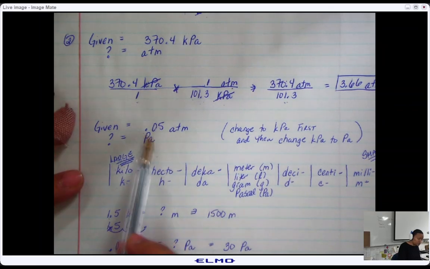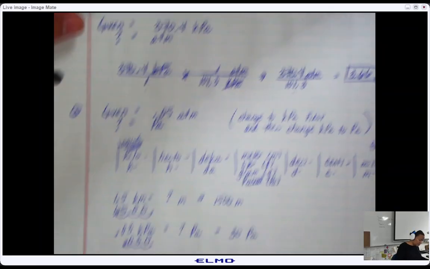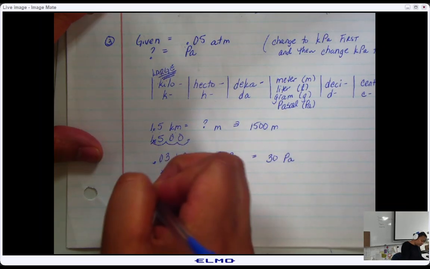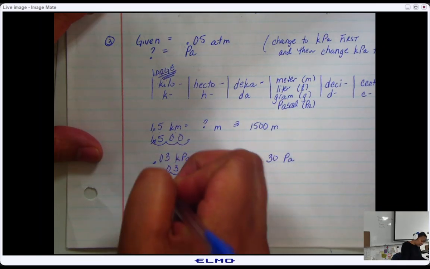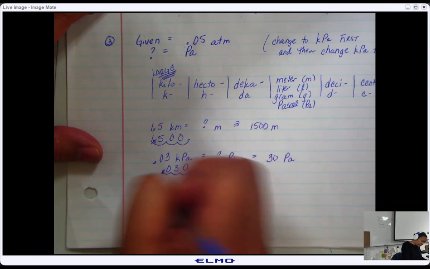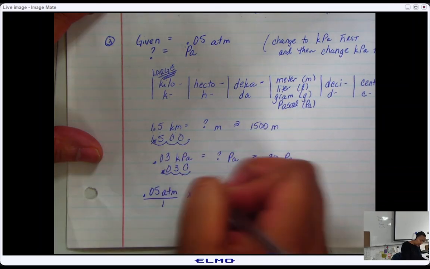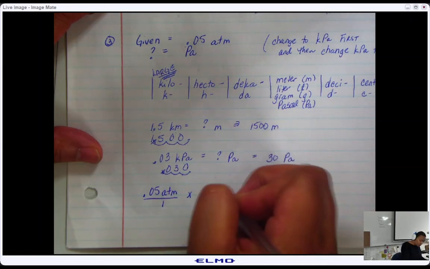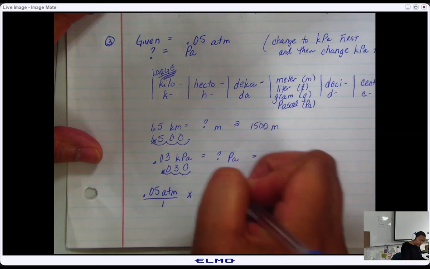All right, so let's go do this problem down below. We start out with our given, which is 0.05 atmospheres over 1. And we have our conversion factor. Remember, we're changing our atms. atm's on top, so it goes on the bottom. We are changing it to kPa first.